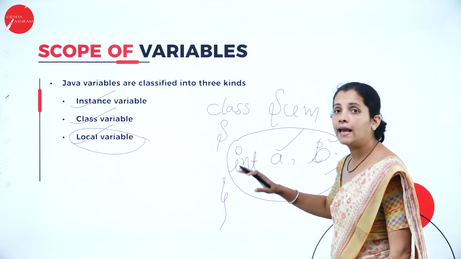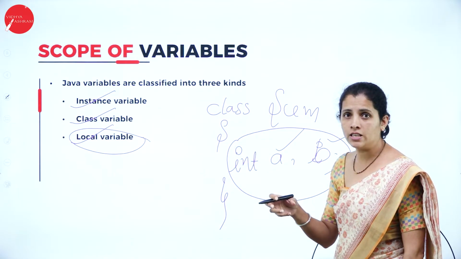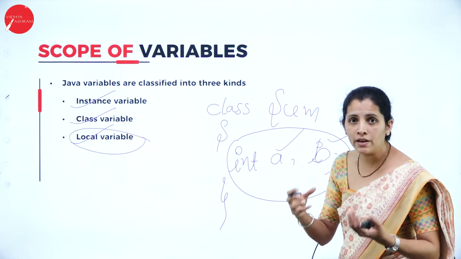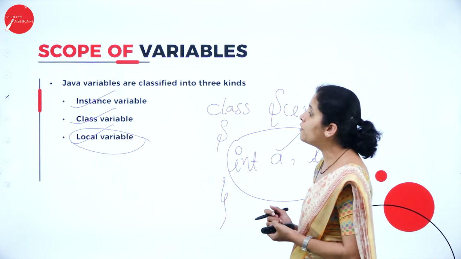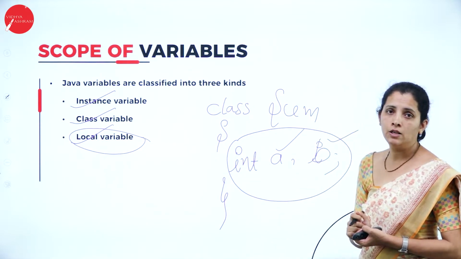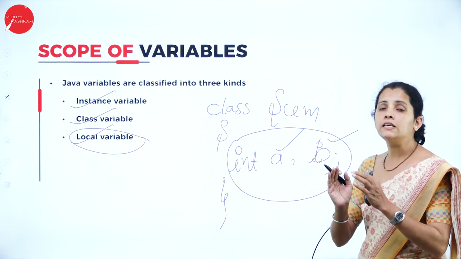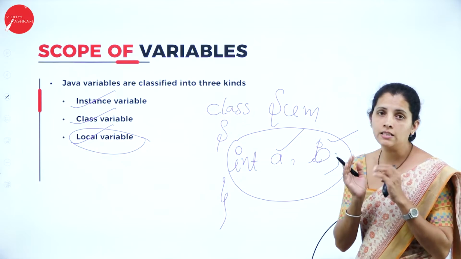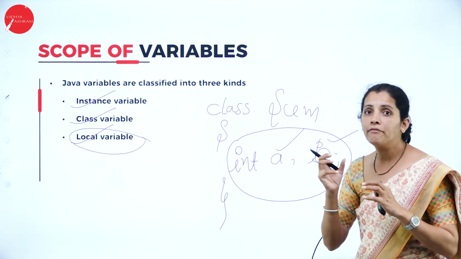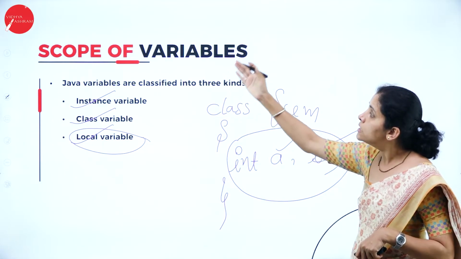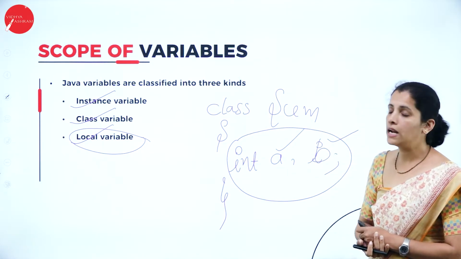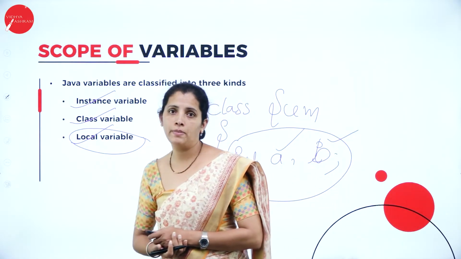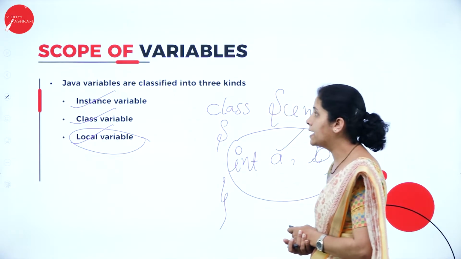Even if I declare the variable in the main function and use those variables within that main function, it is also an example of a local variable. So what is a local variable? That is local to that particular block or particular method or particular main function. So this is the scope of the variables. There are three types of variables: instance variable, class variable, as well as local variables.